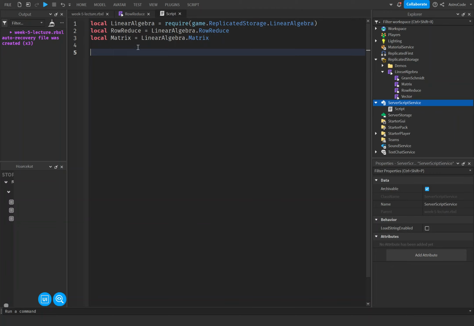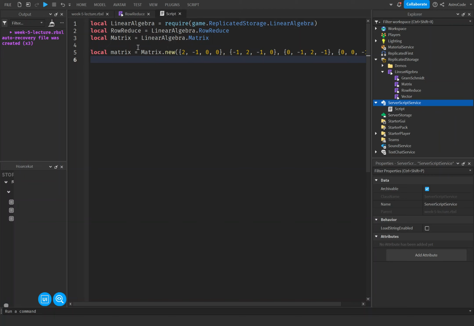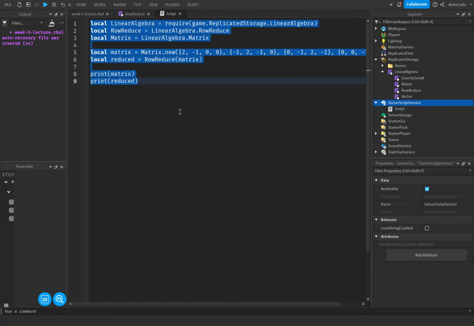Okay, here's what we'll do. We're going to call row reduce. So first, let's make a new matrix, and it's going to be 2, -1, 0, 0, -1, 2, -1, 0. Sorry, I'm just reading verbatim off my notes. Okay, and then we'll row reduce our matrix. And let's print out the matrix, and we'll print out the reduced form, and hopefully we see this in reduced row echelon form.